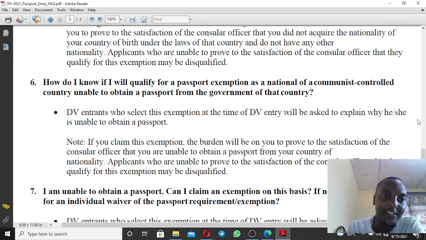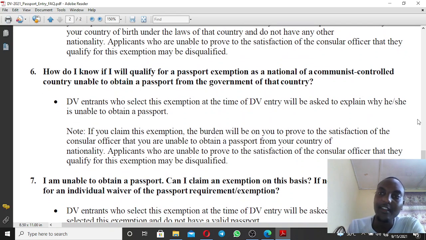Another question is, how do I know if I qualify for a passport exemption as a national of a communist-controlled country, unable to obtain a passport from the government of that country? The answer is, entrants who select this exemption at the time of DV entry will be asked to explain why he or she is unable to obtain a passport.